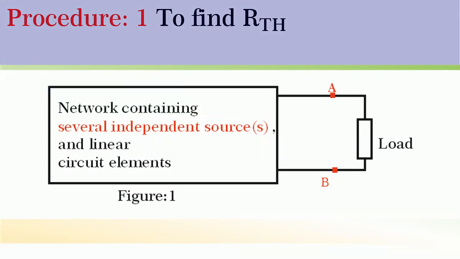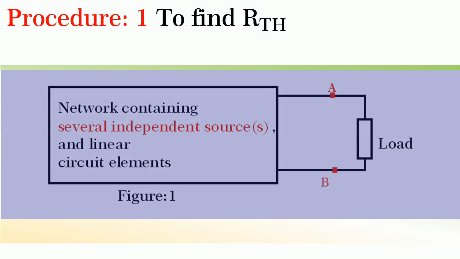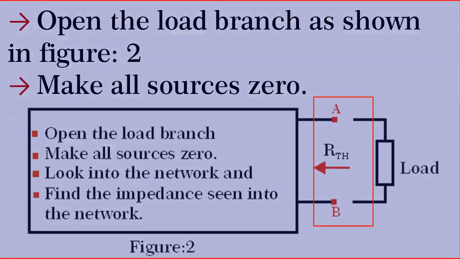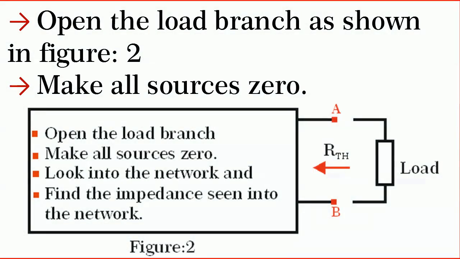Friends, first let us see procedure 1 to find R Thevenin for a network containing only independent sources and linear circuit elements. Let the given circuit be as shown in figure 1. To find R Thevenin, first open the load branch as shown in figure 2 and make all the sources present in the network 0.